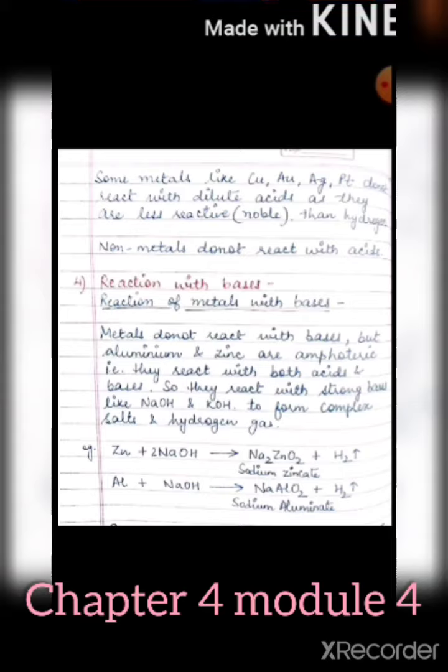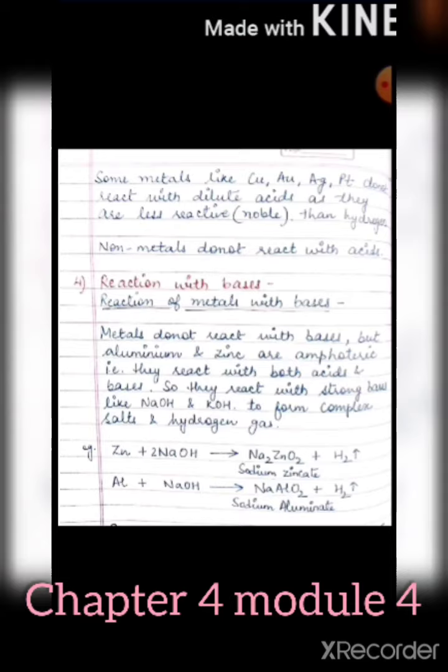So these metals cannot replace or displace hydrogen from the acids. Hence they do not react with these types of acids. Non-metals do not react with acids at all. Non-metals are themselves acidic in nature because the oxides which are formed are acidic. So acid does not react with acid.